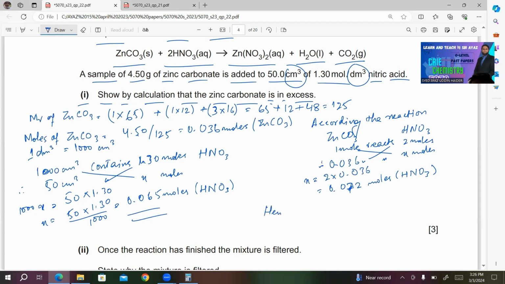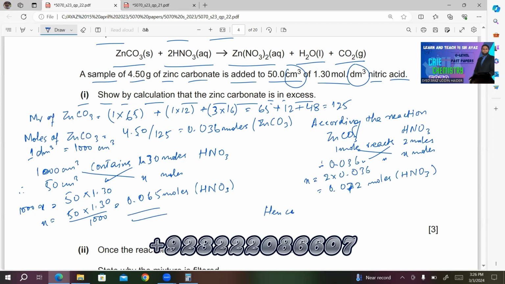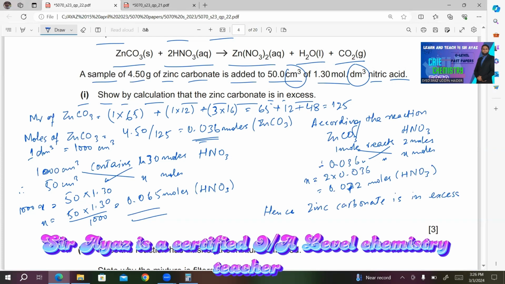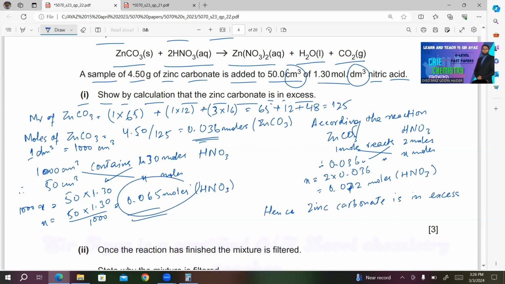Hence zinc carbonate is in excess, which also means that the moles for ZnCO3 is higher than the one which is needed for reacting with 0.065 moles of HNO3.